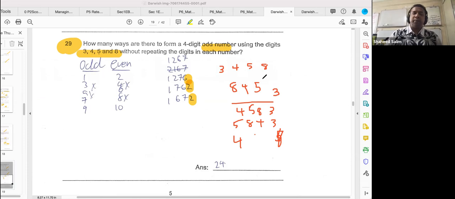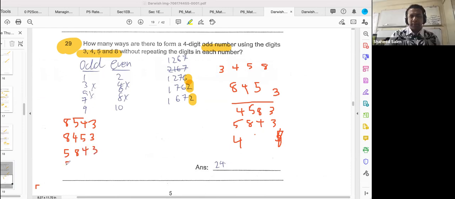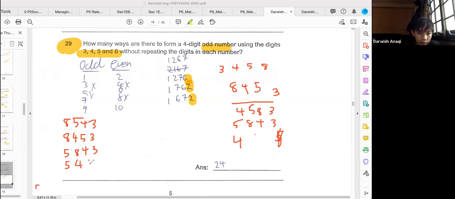Let's say we only end with 3. How many numbers can you get? We can start with 8. We can make a list, because this one is 1, right? So we start 8 again. Now you start with 5. 5, 8, 4, 3, and the other one is 5, 4, 8, 3.